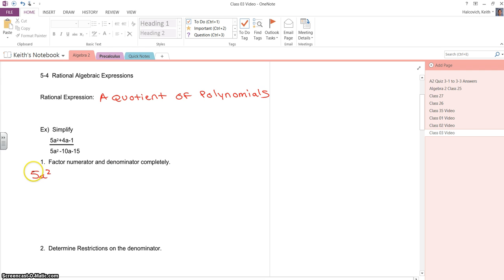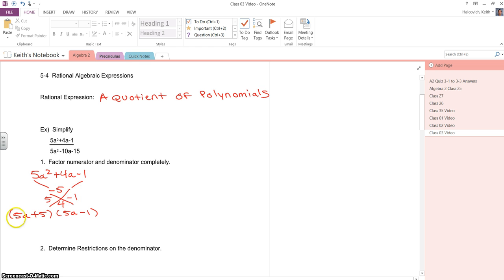So 5a squared plus 4a minus 1 factors. You multiply by negative first and last. What are the factors of negative 5 that add to 4? They are 5 and negative 1. So remember, you're going to go 5a plus 5, 5a minus 1.